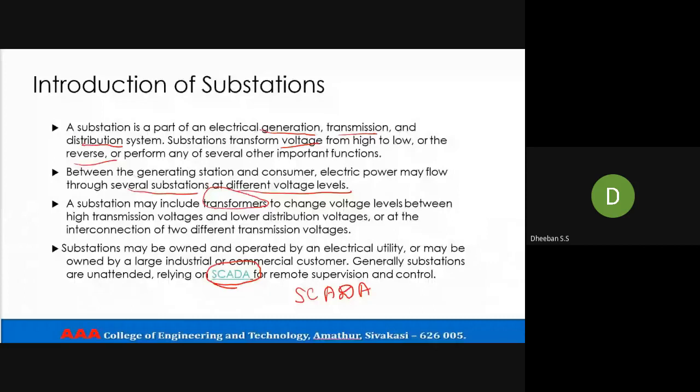So this SCADA is nothing but an overlooking system. Okay, for example, you can take a class. In a class, if there are 23 students, you can take these 23 students as 23 substations.